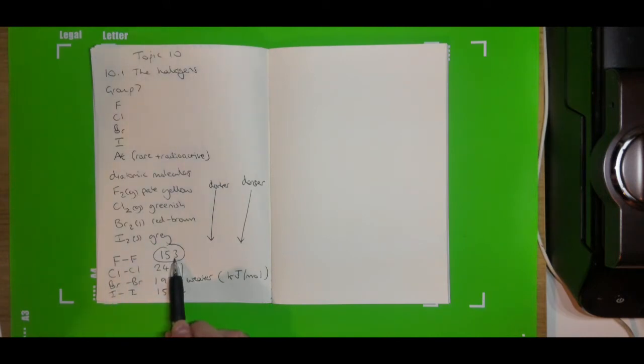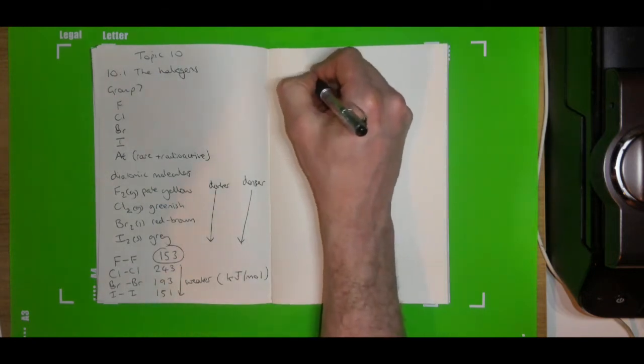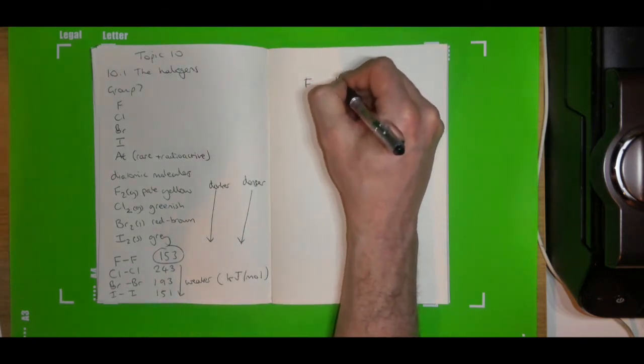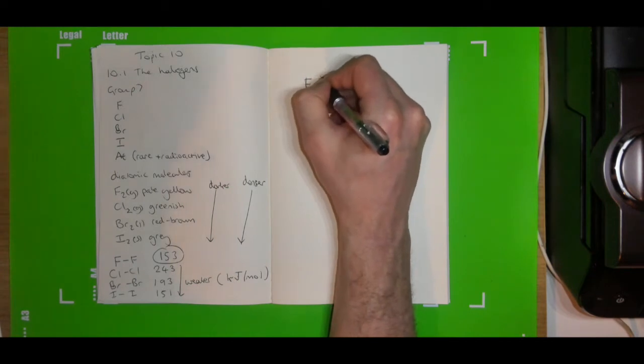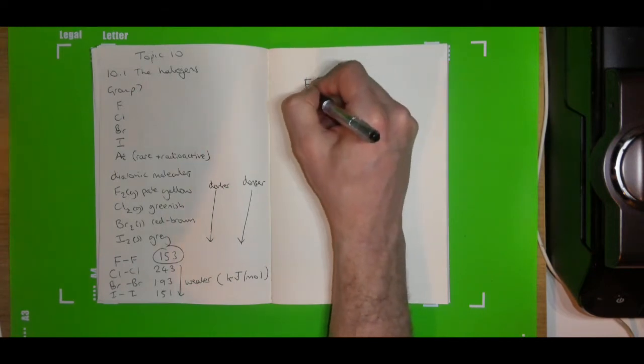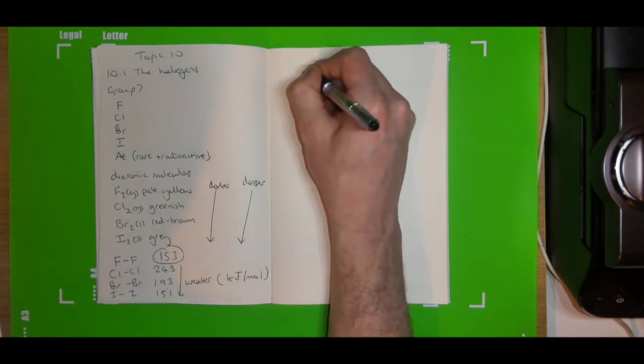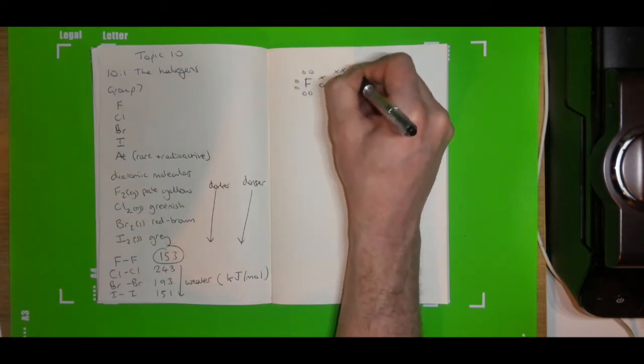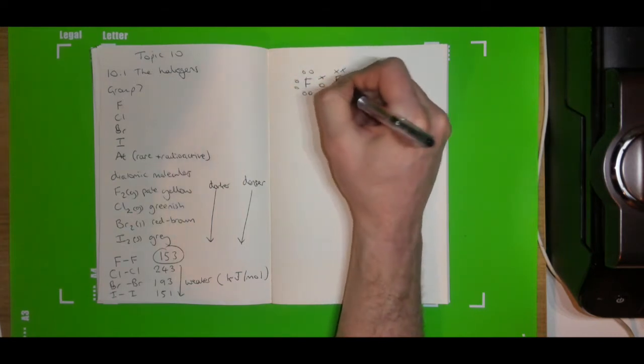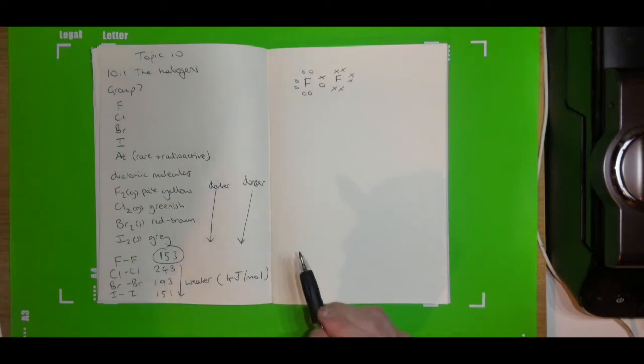And the way of explaining that is to actually draw a dot and cross diagram of fluorine. We're only going to show the outer shell electrons only. So this is untypical. This FF bond is unexpectedly weak compared with the trend of the rest of the halogens.